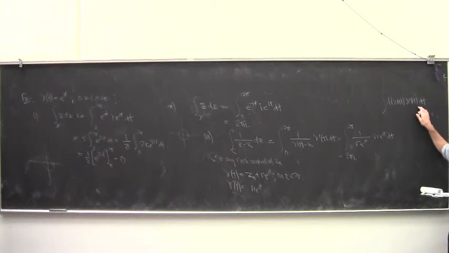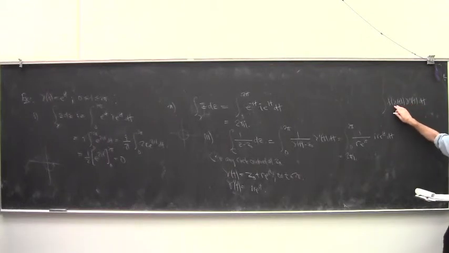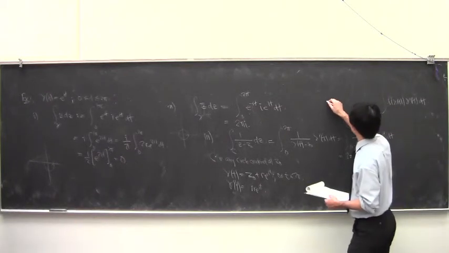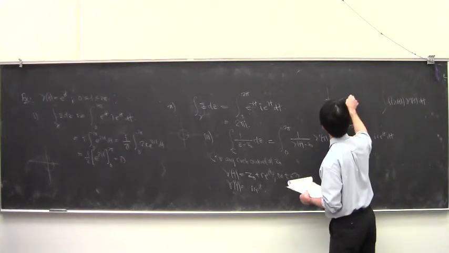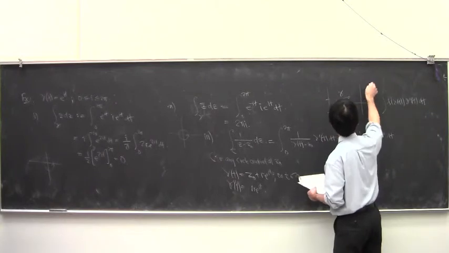Wouldn't it be f prime at gamma t times gamma prime t? Derivative of the outside, the inside, times derivative of the... No, because, so think like this, right? You've got gamma, right?